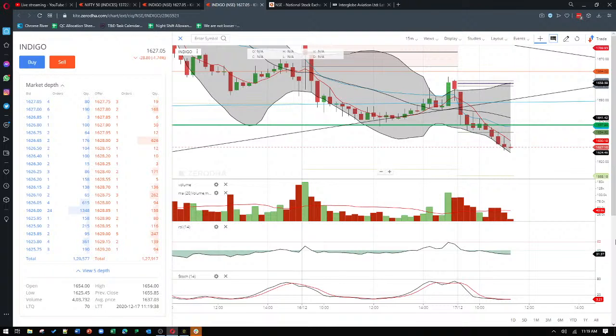Now 1626 is accumulating more orders on the buy side. I hope within the next 30 minutes it will reach our target and we will close the day.